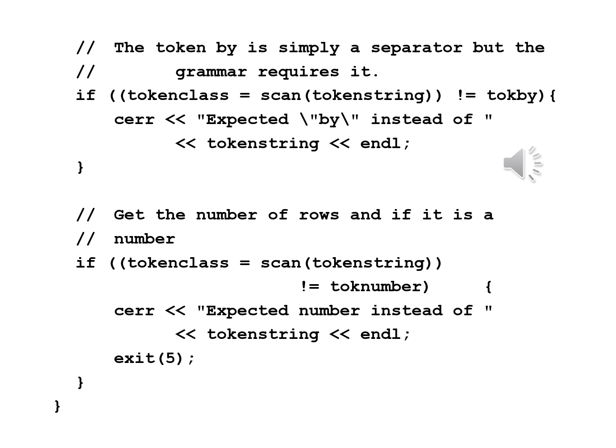After scanning for the number of columns, I have the token by. It's merely a separator, but the grammar requires it because it makes life easier for the human reader. If I didn't encounter this, that would be an error requiring an error message, and then we would terminate.